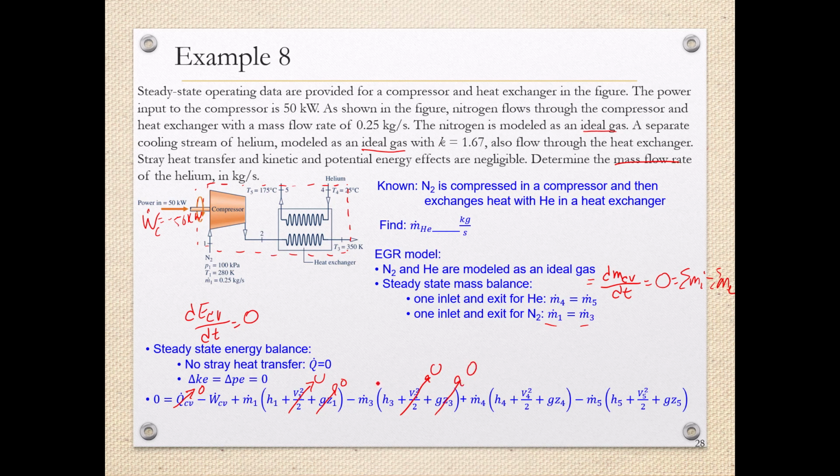Recall, we have to account for every inlet and every exit. So if we simplify this down, that's what we get here. We have our work, and we'll bring this over to the other side, and that is the mass flow of our nitrogen and the enthalpy difference, and the mass flow of our helium with its enthalpy difference.